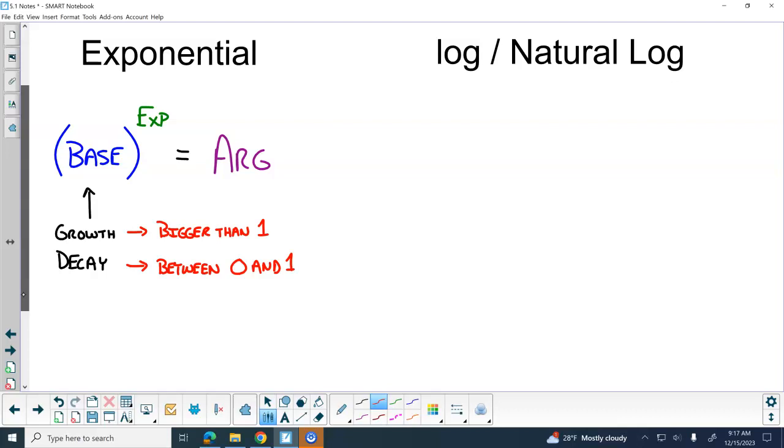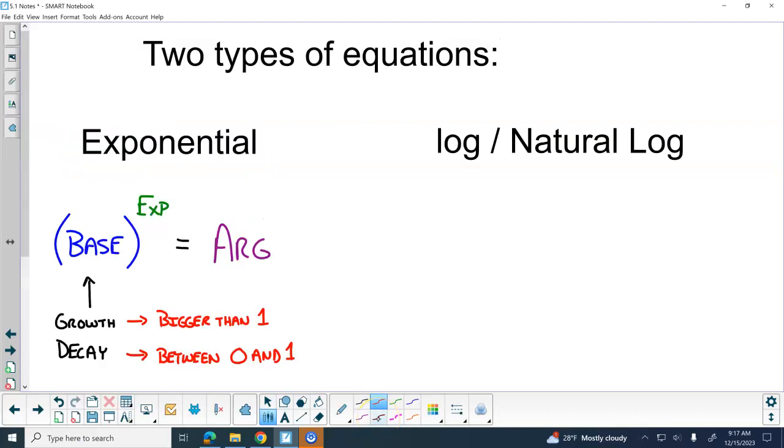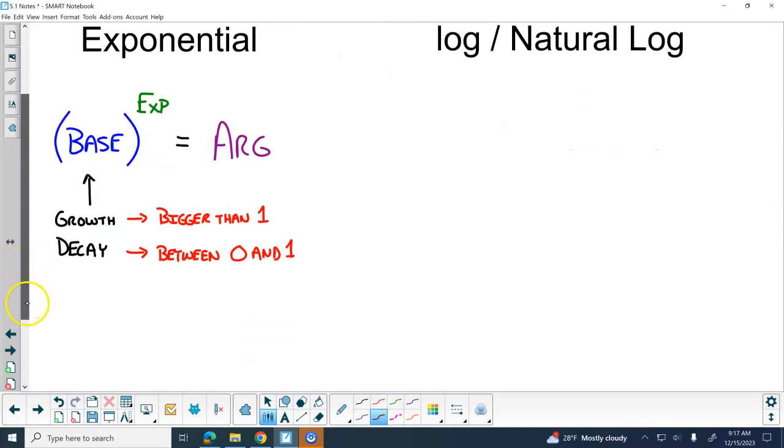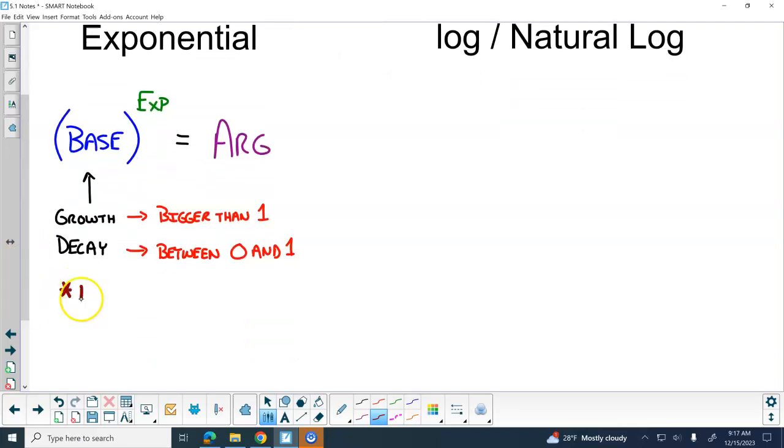That's kind of important. If it's a growth, it's bigger than 1, and if it's a decay, it's got to be in between 0 and 1. Never negative. Our base is always positive.